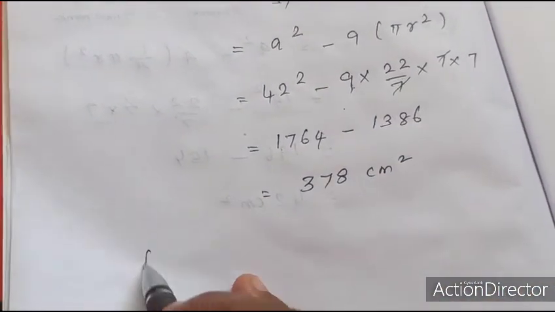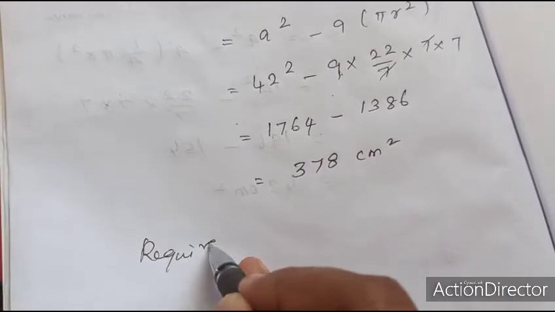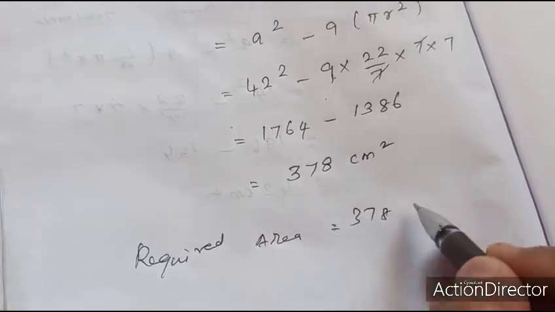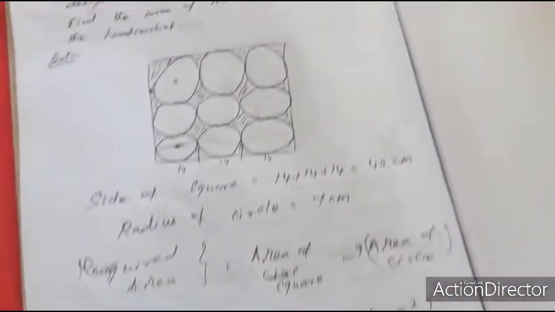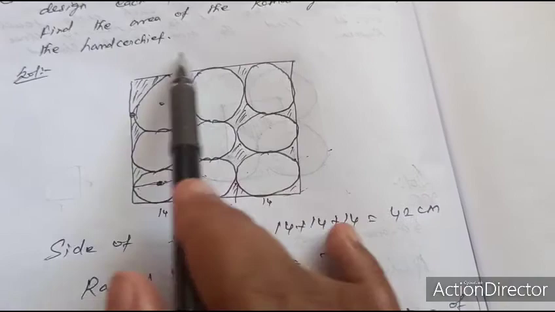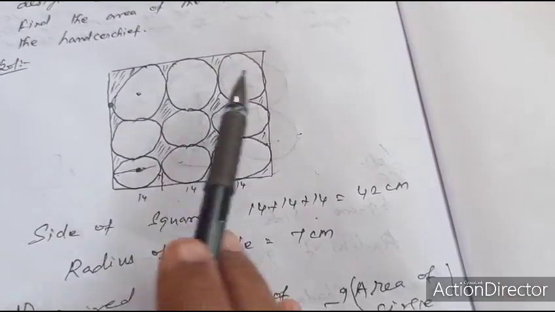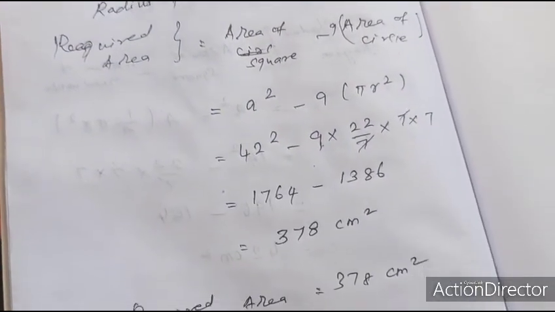Therefore required area is 378 centimeter square: area of the square minus 9 into area of the circle.